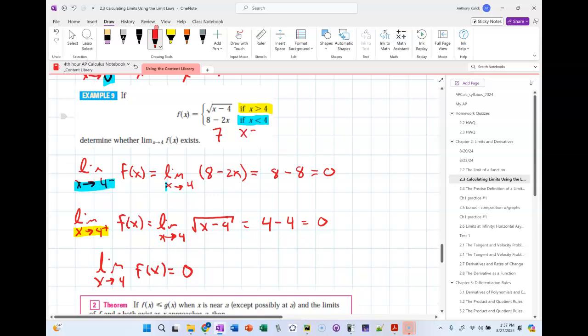Even if it had an extra piece that said at x equals 4, f evaluates to 7, did that extra piece matter? It didn't change the limit at all, right? Even though f of x evaluates to 7 at x equals 4, the limit is still 0 as x approaches 4. Everybody's cool? Okay.